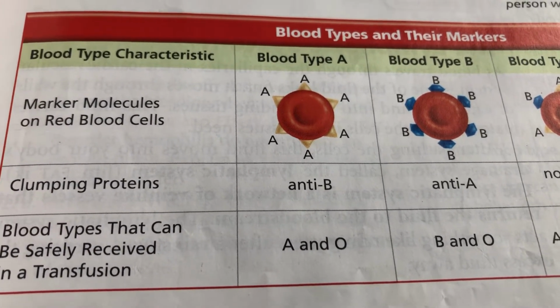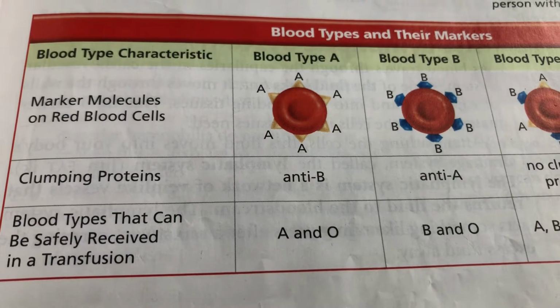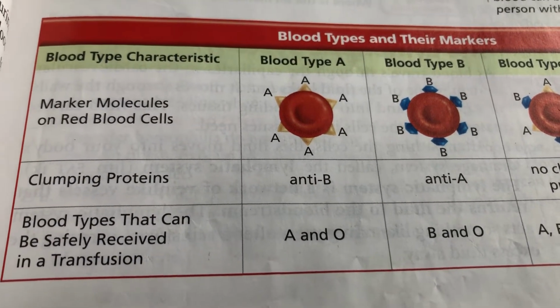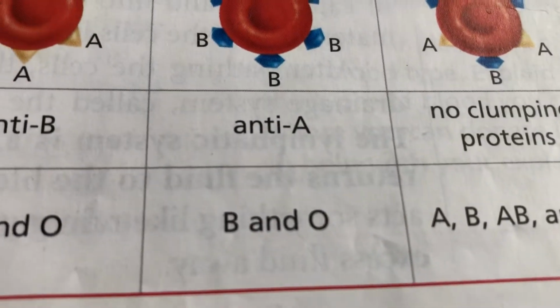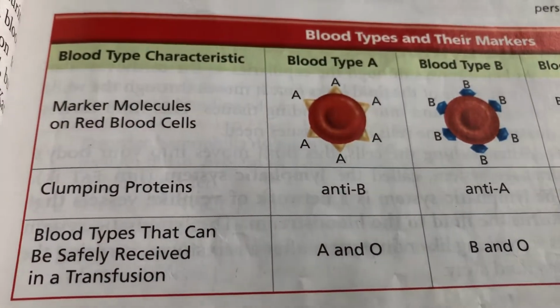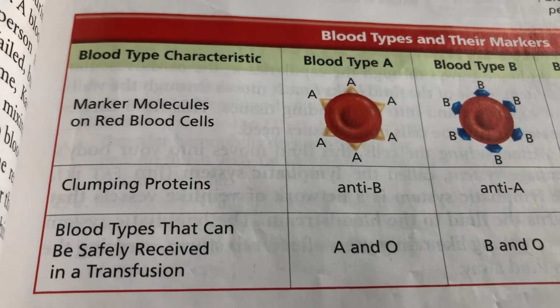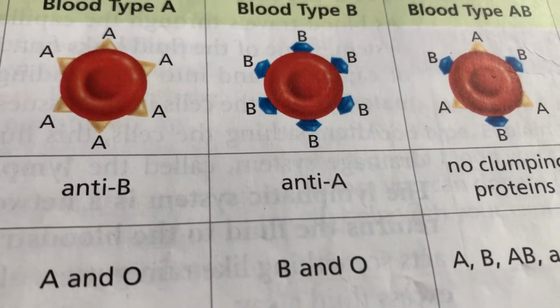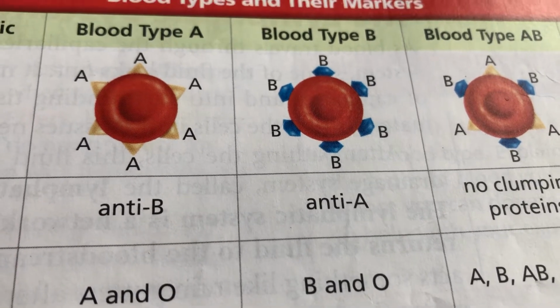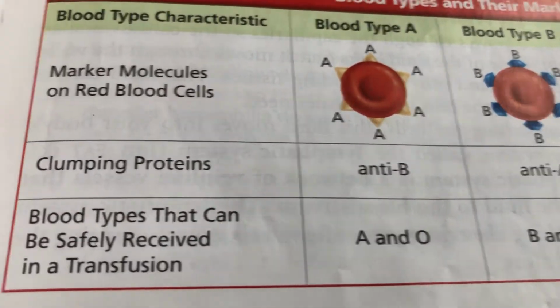Those are called antigens. And what they do is they have a tendency to clump with what we would call anti-A antibodies, which is why somebody with blood type A cannot receive blood from somebody who has blood type B, because blood type B has those anti-A antibodies in their plasma, where it says clumping proteins.